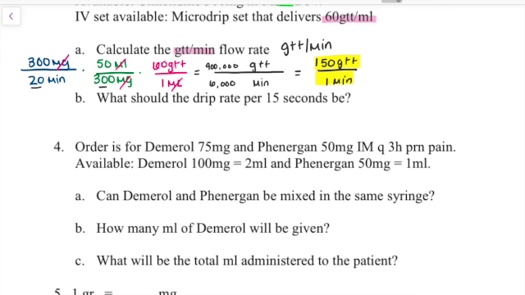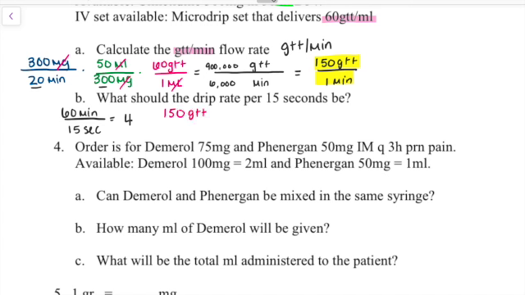What should the drip rate per 15 seconds be? So there are, in 60 minutes, we want to know how many 15 seconds. 60 divided by 15 is 4. So there are 4 15-second increments in a minute. So next we're going to take our drop rate, which is 150 drops.